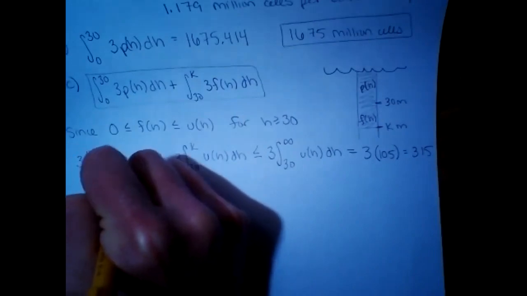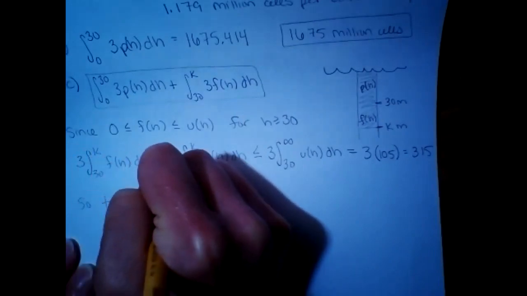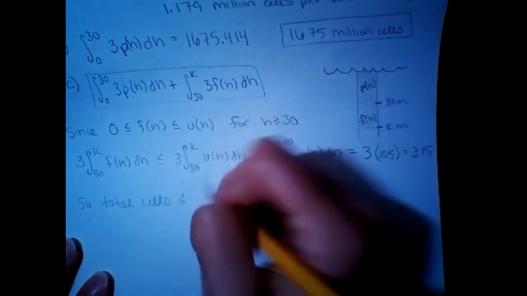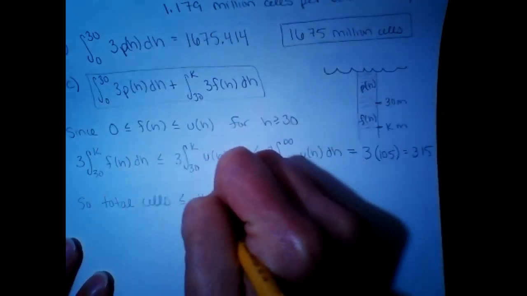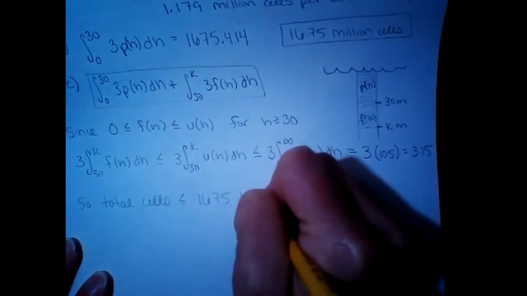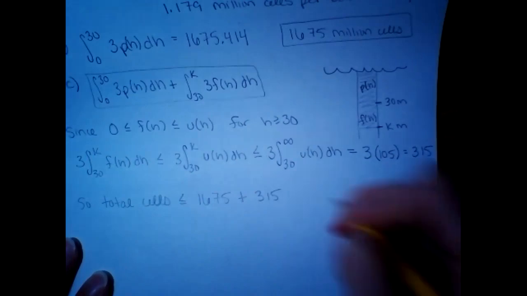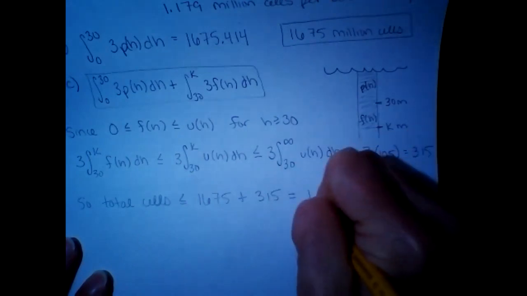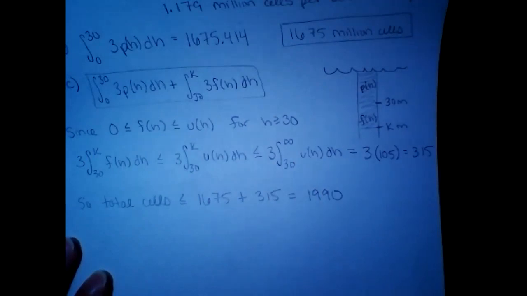So the total cells is less than or equal to this 1,675 million plus this 315 that we got here, and that is equal to 1990 million cells.